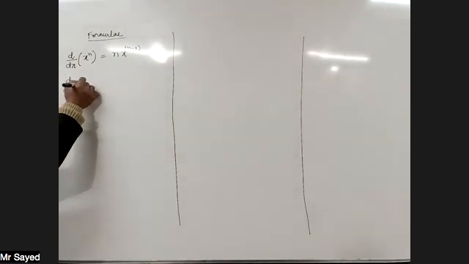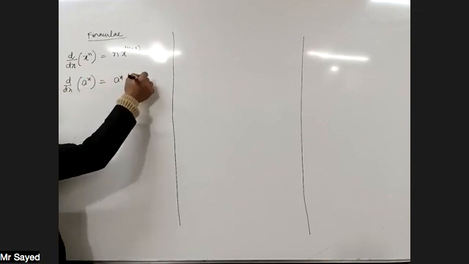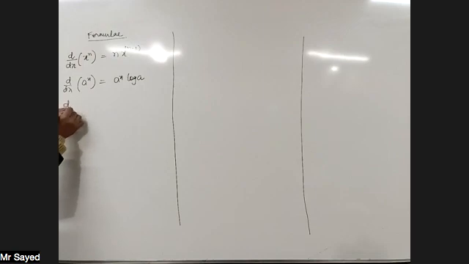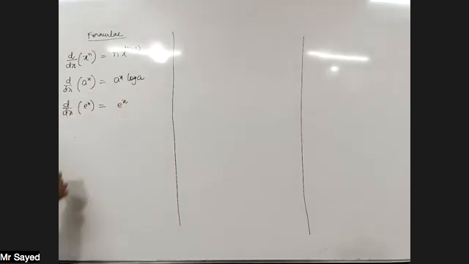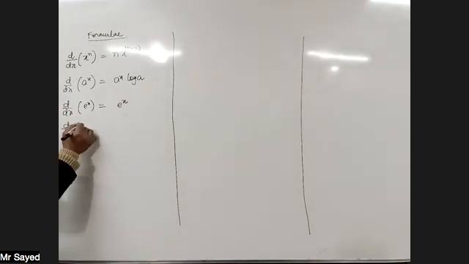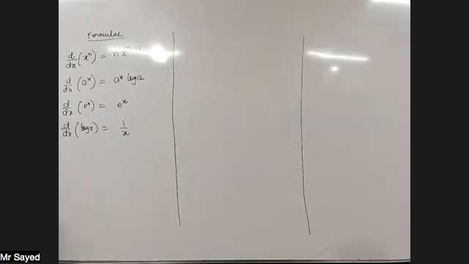d by dx of a raised to the power x is a raised to the power x log a. d by dx of e raised to the power x is e raised to the power x. d by dx of log x is equal to 1 upon x.